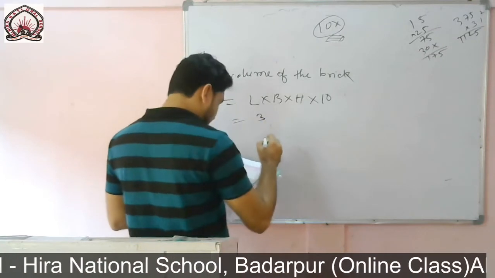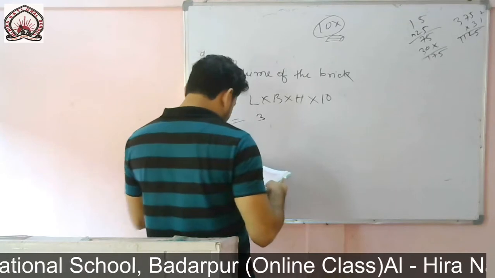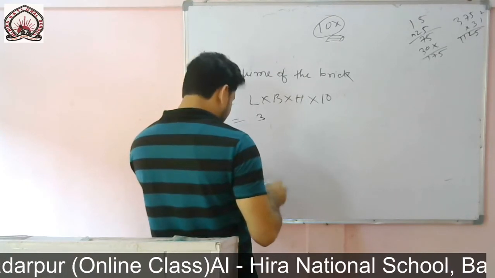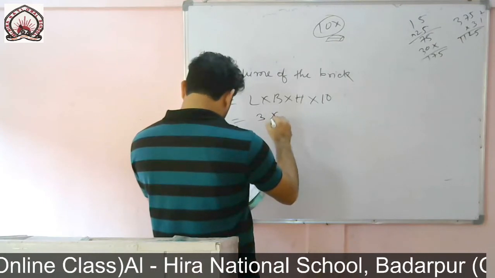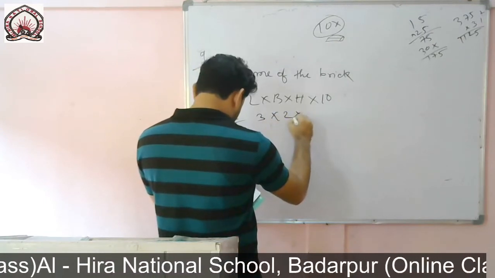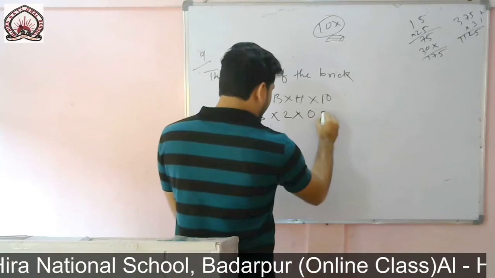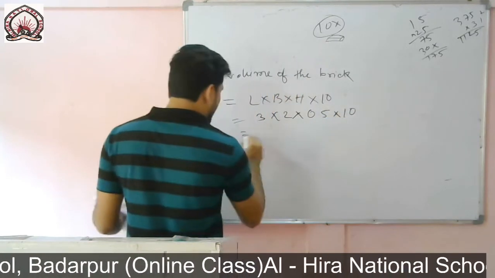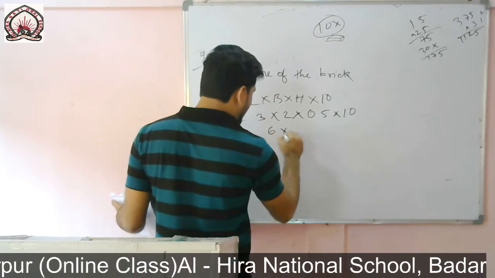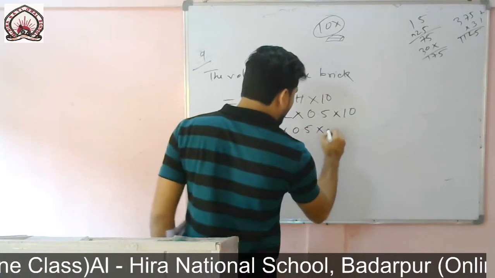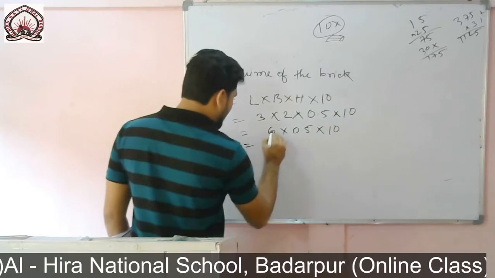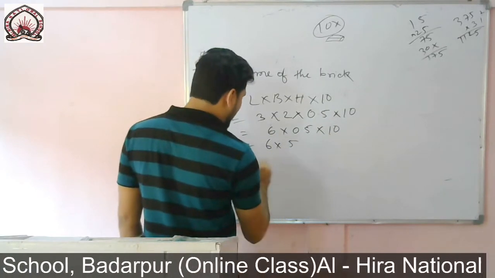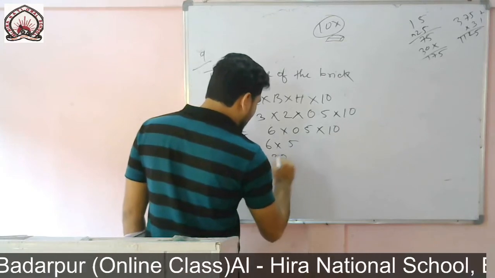Length 3 centimeter, it is given. Okay, 3 into breadth 2 into height 0.5 into 10. So 3 2s are 6 into 0.5 into 10. If I multiply 0.5 by 10 then it will become 5. Then 6 5s are 30.